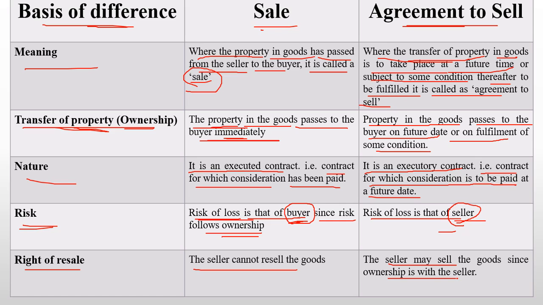The seller can sell the goods to another person, because the contract between them has been made for a future date, so he has the time. If he gets a second buyer who is ready to pay him an extra amount, then he can sell the goods to that person. Okay, so this is the difference between sale and agreement to sell.